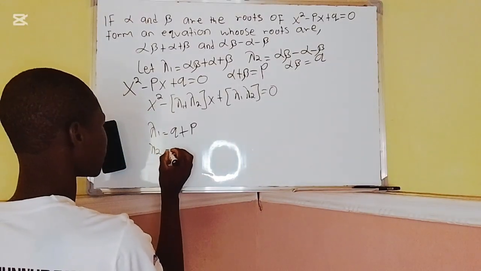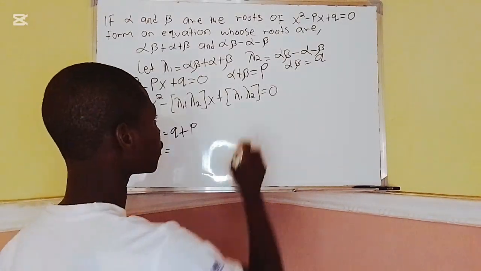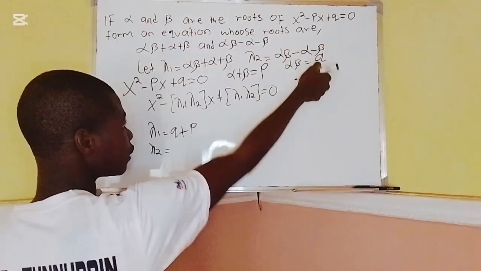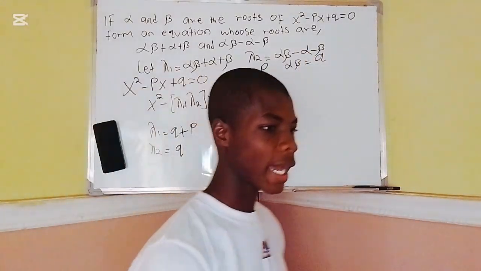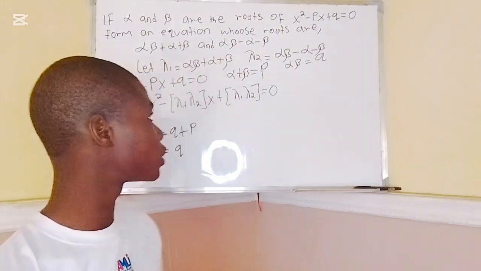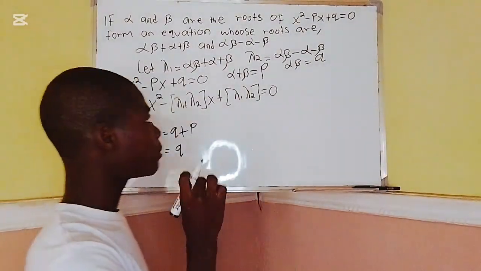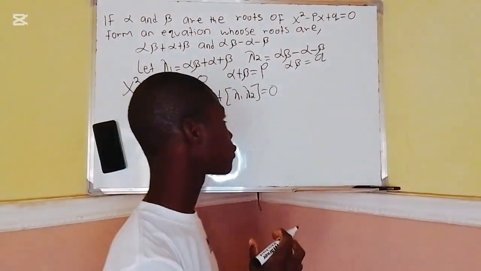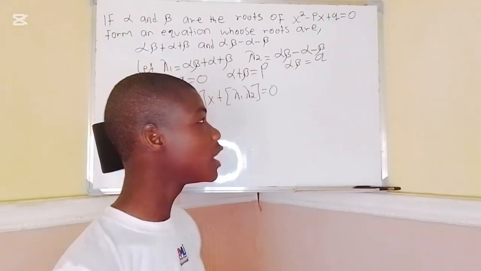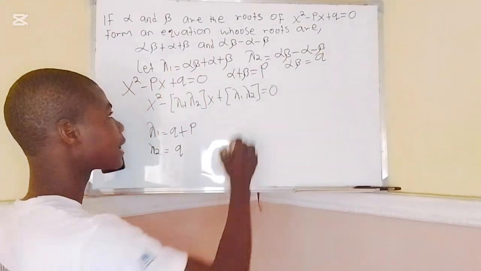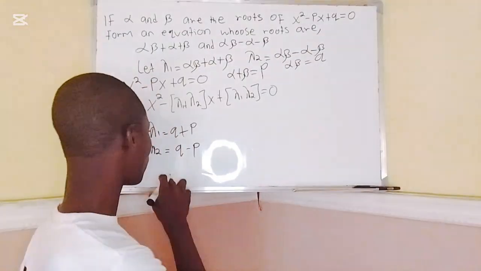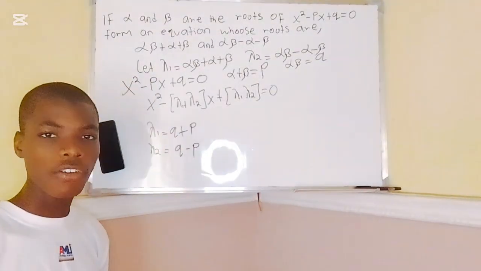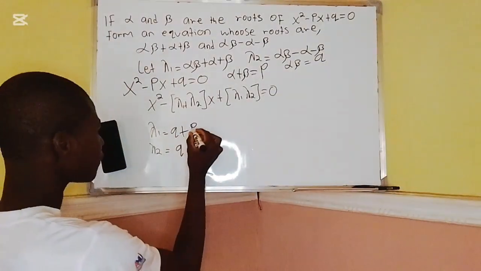Let me say this is lambda 2: alpha beta, which is q, and then alpha minus beta. I'm having just alpha plus beta, so if I really were asked to find alpha minus beta, I just have to add a negative sign and say minus p. So this is the value of lambda 2. I hope you get it clear. So therefore I have to add them.